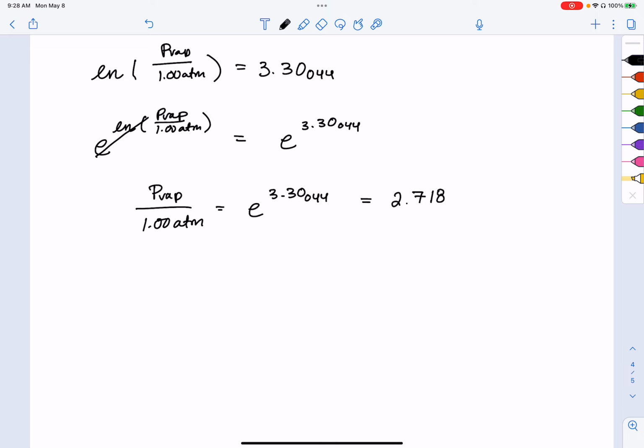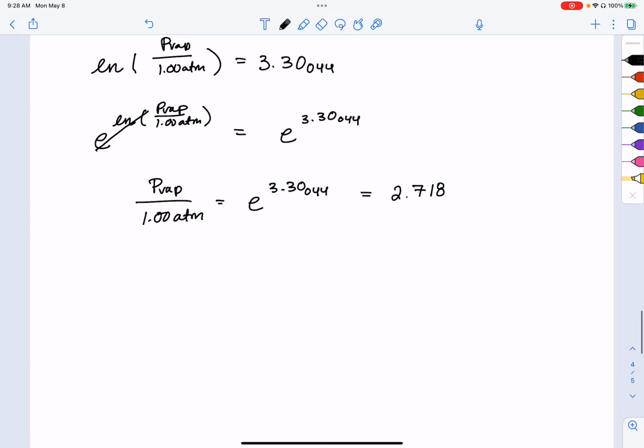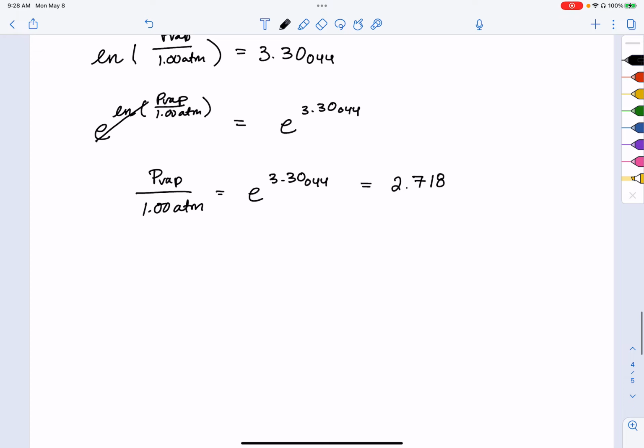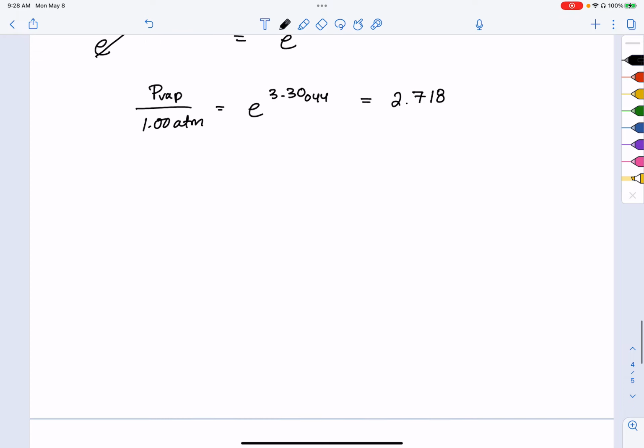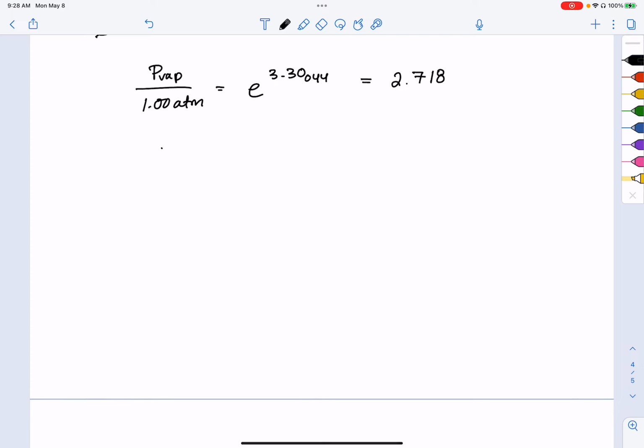Okay, let's see if this makes some sense, because I don't think it does, which means we made a math error somewhere. Love this. Okay, cool. So if I were to multiply over my vapor pressure in the denominator, this would become 2.718 times 1.00 atmospheres. This brings in that pressure unit.